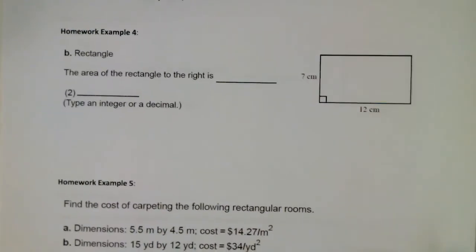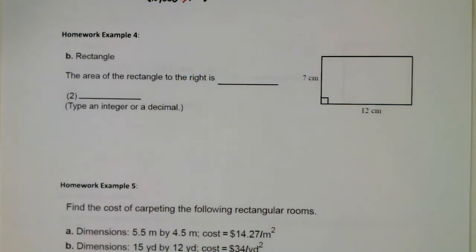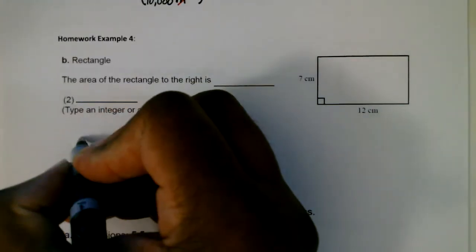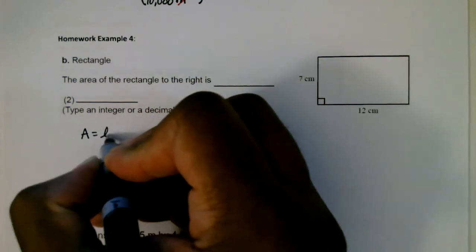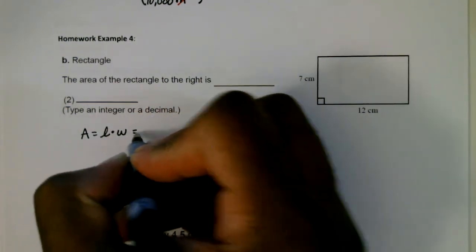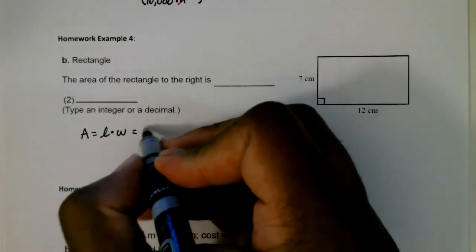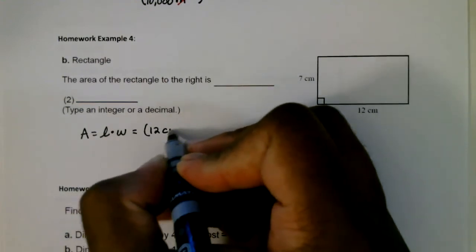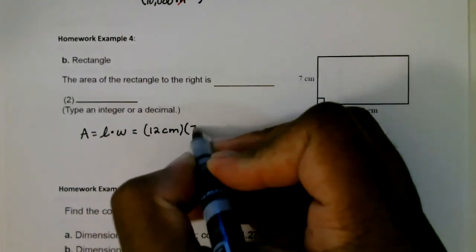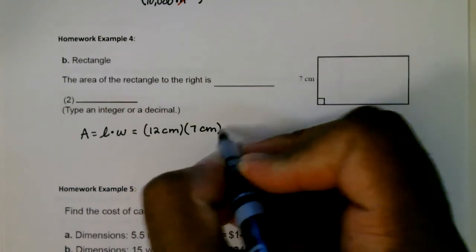Another example dealing with the area of a rectangle. Let's say the area of the rectangle to the right is what? That rectangle has a length of 12 centimeters and a width of 7 centimeters, and I want the area of that. So here the area, of course, is length times width. That means the length will be 12 centimeters times the width, which is 7 centimeters.